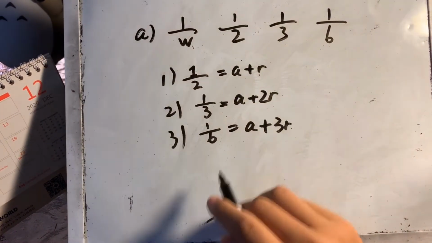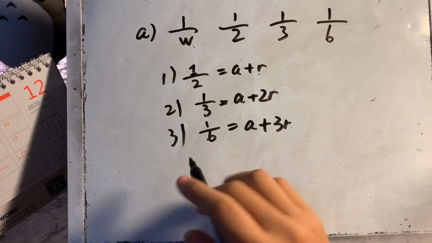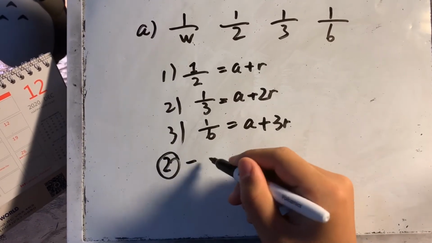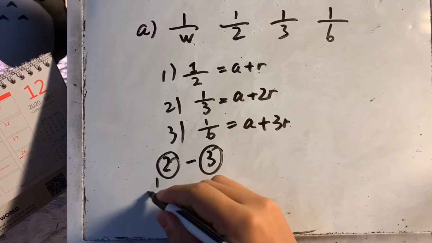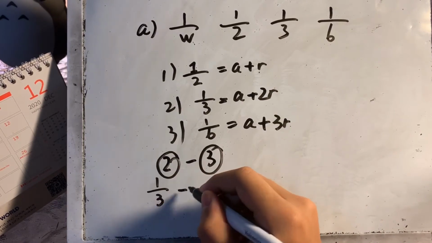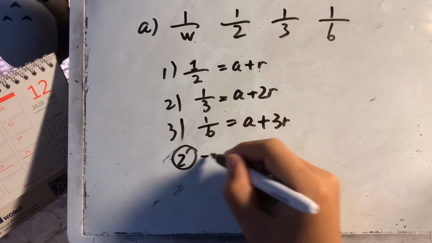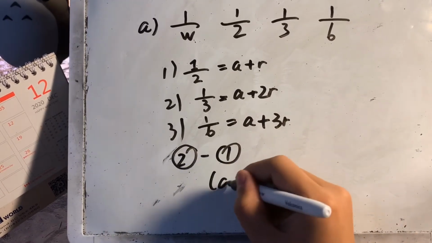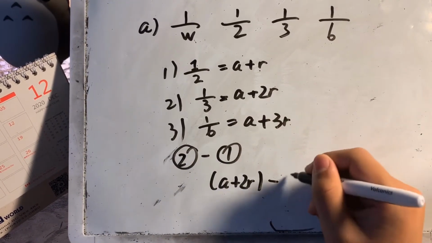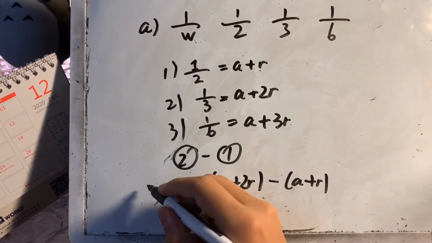Using the basic theorem of arithmetic, we can get this. 2 minus 3, which is this. Make it opposite, 2 minus 1. It will be easier. A plus 2r minus a plus r is equal to this.